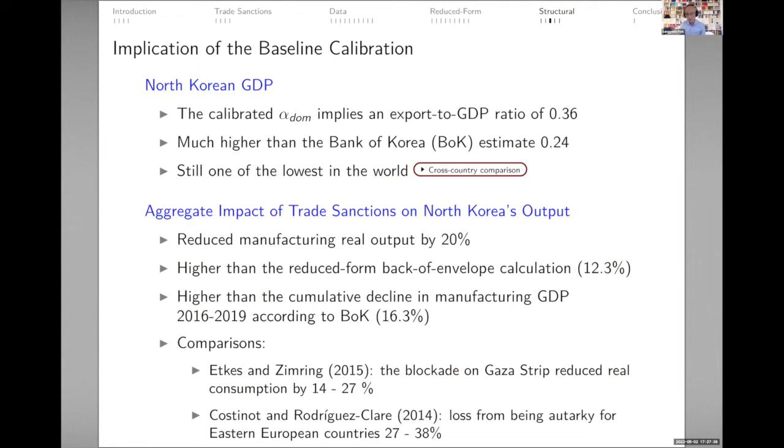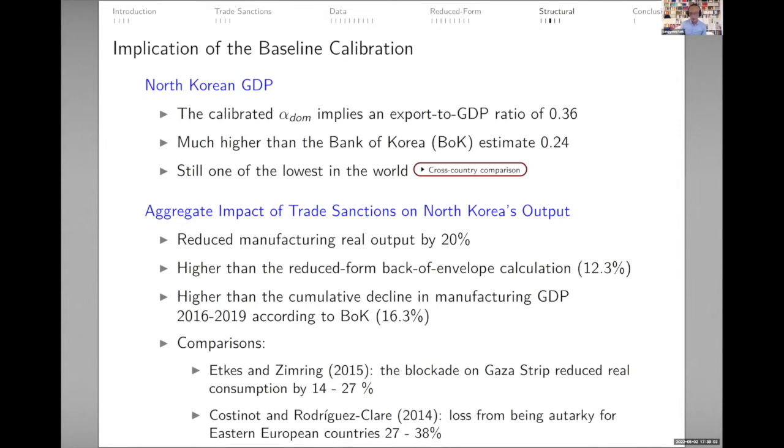We find that the sanctions reduce manufacturing output by about 20%. Considering that North Korea's manufacturing sector is estimated to be about 20% of the overall economy, we believe that this number is quite sizable and important enough to have a meaningful impact on North Korea's economy.